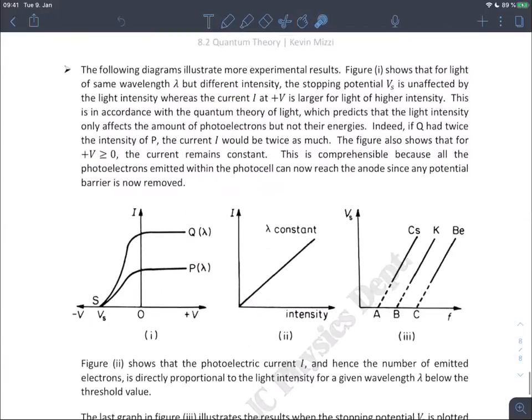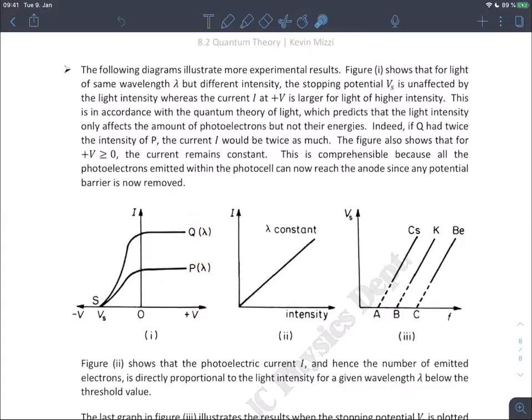Now, notice what's happening here. For the same frequency of light, meaning that if we keep on using the same color, if we vary the intensity of light, we get different currents if we apply a positive voltage.